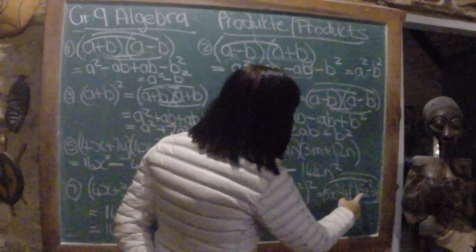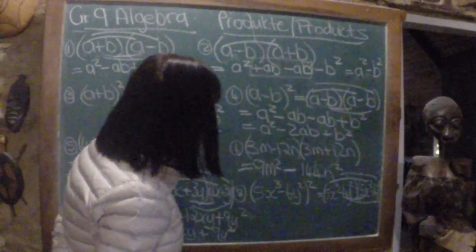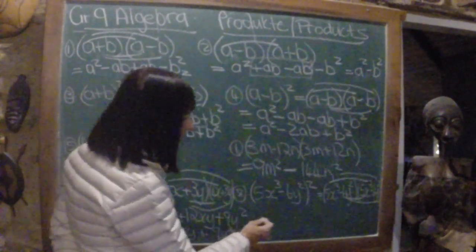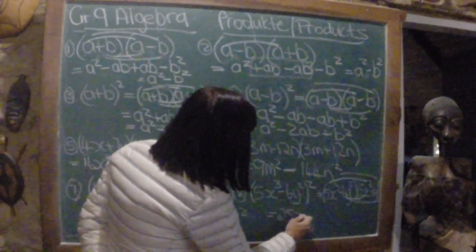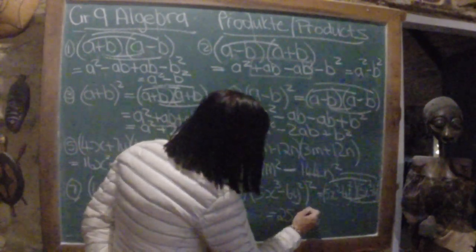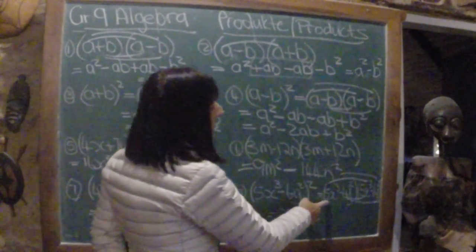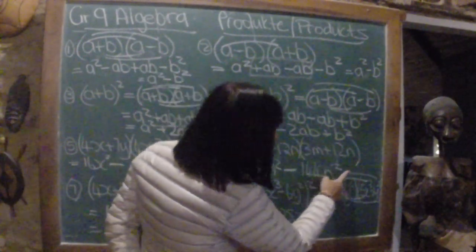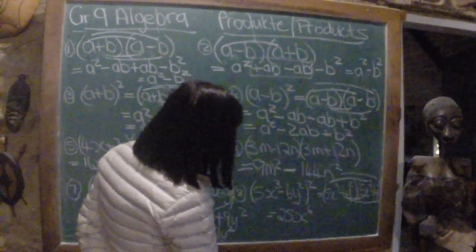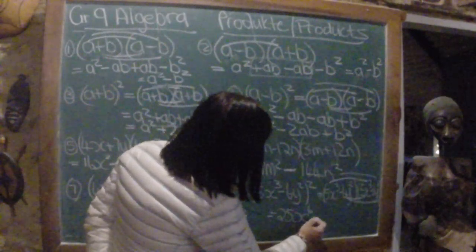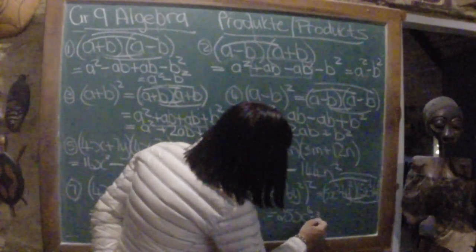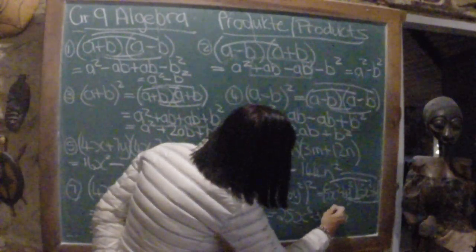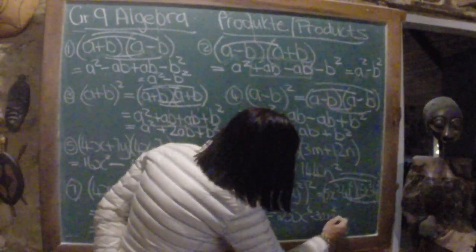5x to the power of 3 times 5x to the power of 3. 5x cubed times 5x cubed gives me 25x to the power of 6. 5x cubed times 6y squared gives me, it's a minus, 30x cubed y squared.